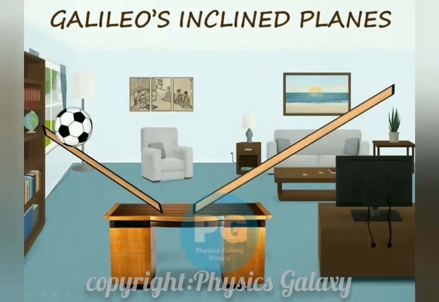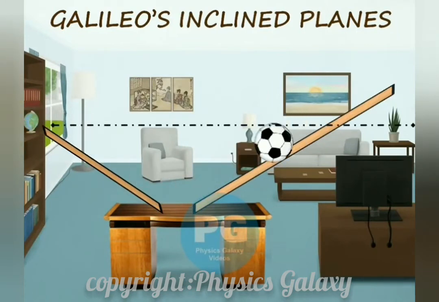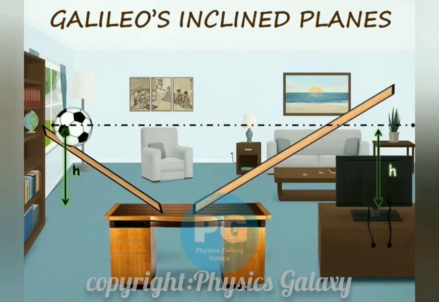So what he did: a ball is pushed down an inclined plane and it reaches another inclined plane kept at the same angle as the first one. It goes back and forth, and the height the ball rises to is the same in both planes.